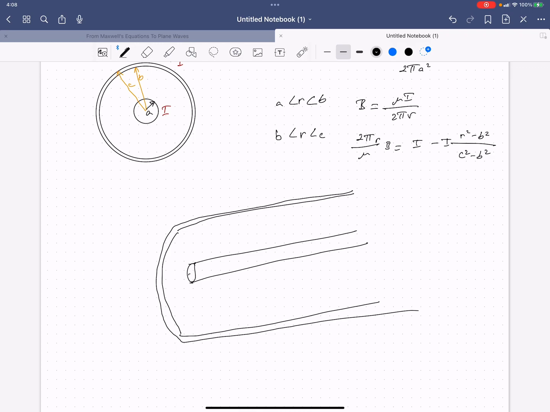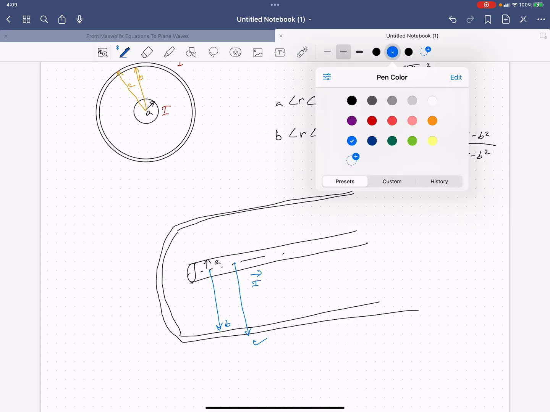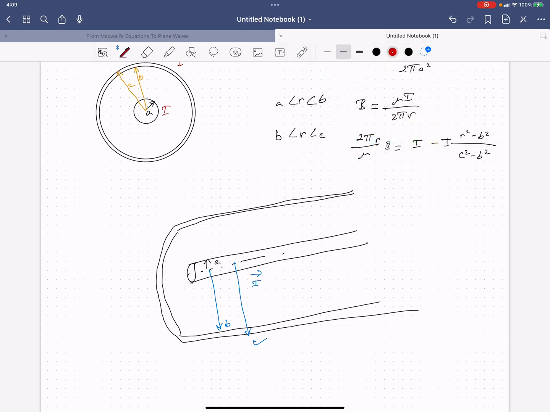Again, the center conductor has radius A, and we've got B and C, the other dimensions. The current's going this way, so our magnetic field lines are going to be going like that around the inner conductor.